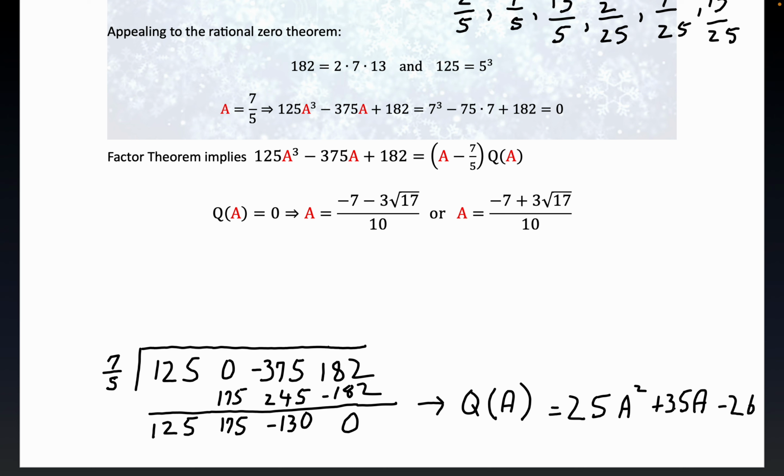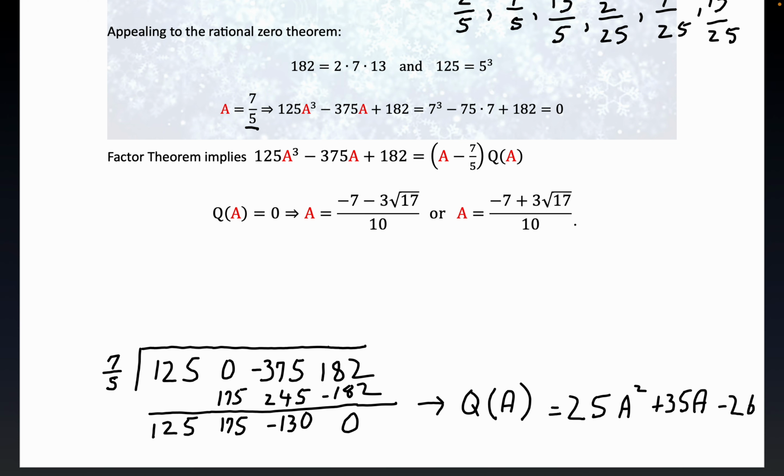It doesn't factor nicely. You get irrational zeros. So here's the other two zeros we got. Of course, 7/5 is one of them. And then also minus 7 minus 3 root 17 over 10, and then minus 7 plus.